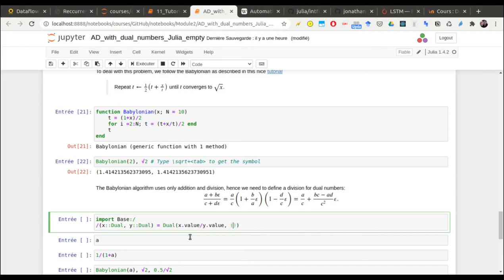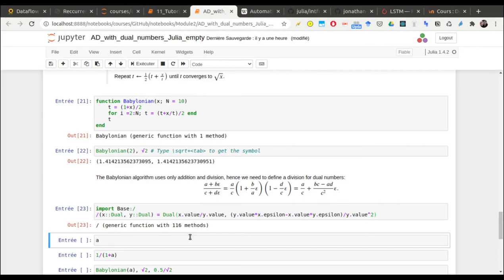So it's the y value times the epsilon value of x, minus the x value times the y epsilon, divided by the y value to the power 2.